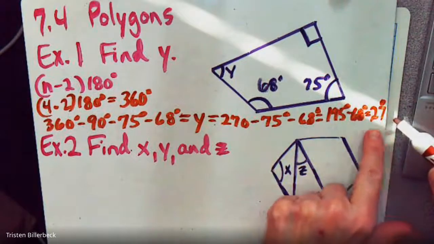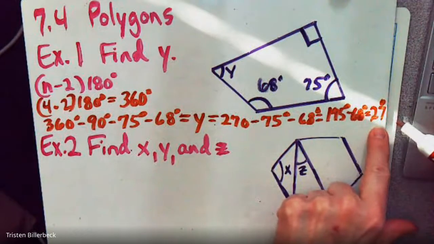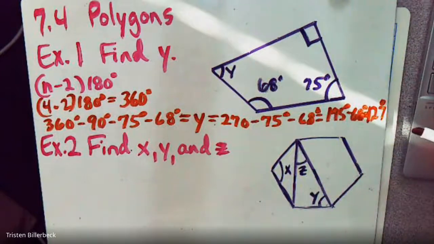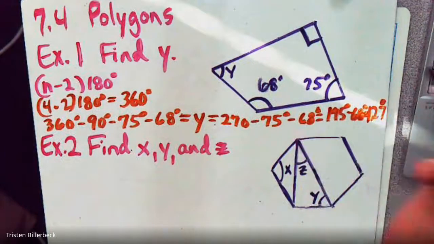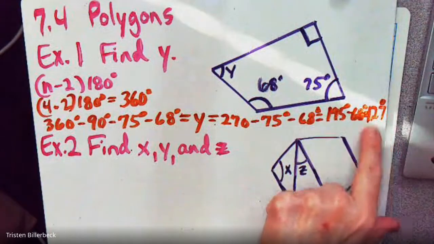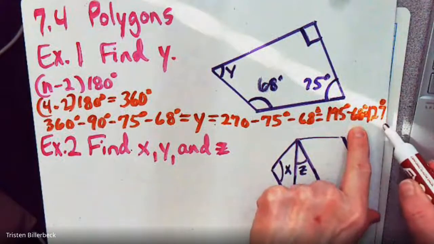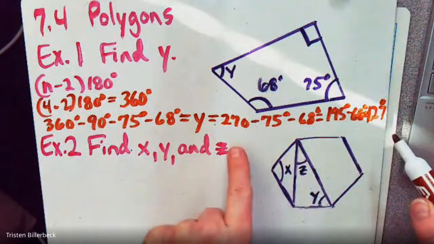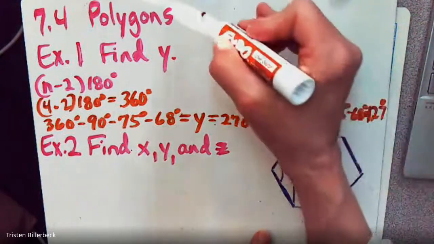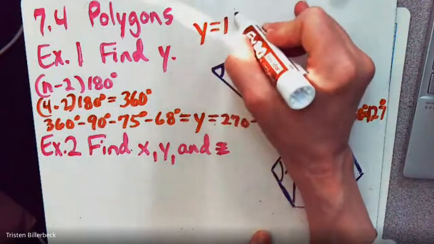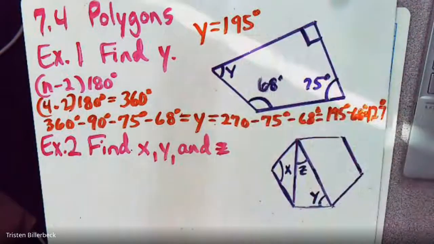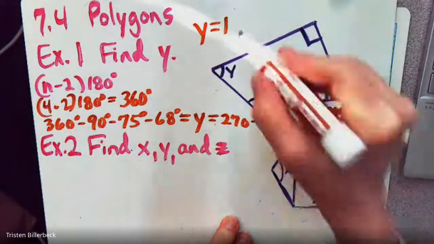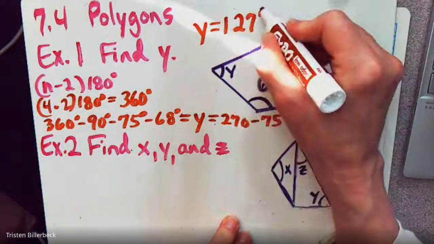So we double check: 127 here plus 68 gives us 195. So that should be good. So y equals 127 degrees.